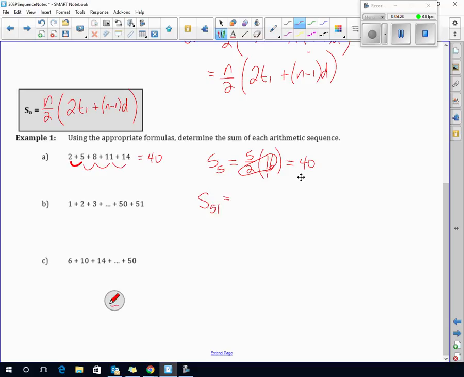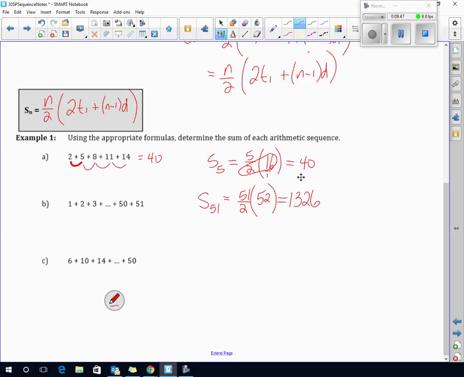Again, you can do a cross cancel, but you still probably want your calculator because then you still have to do 26 times 51. So anyways, what do you get? Yes, 1,326.